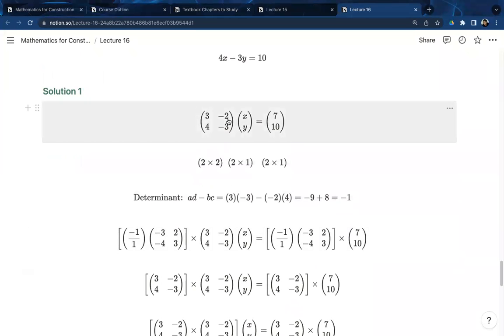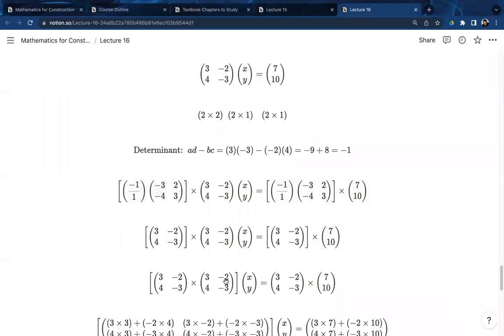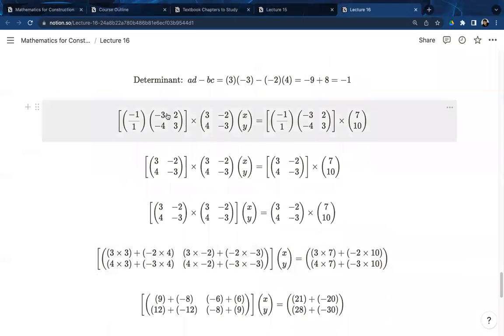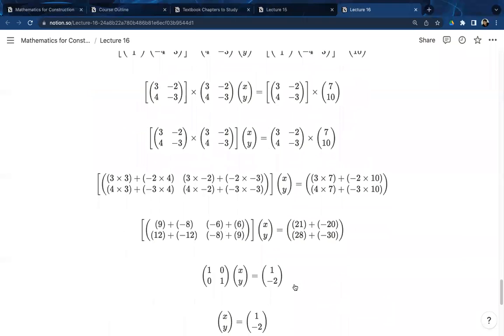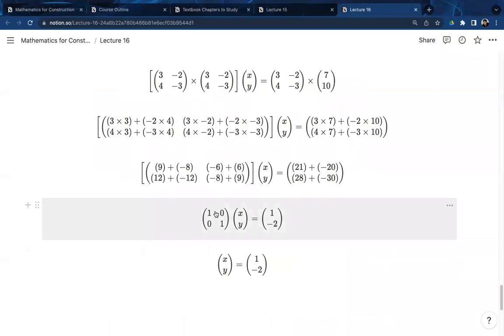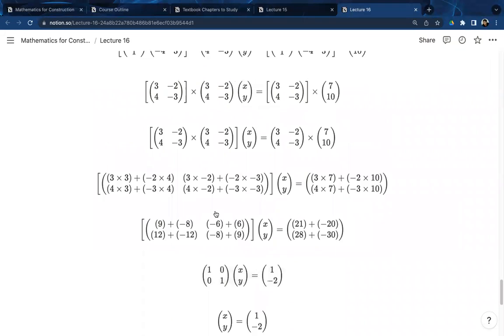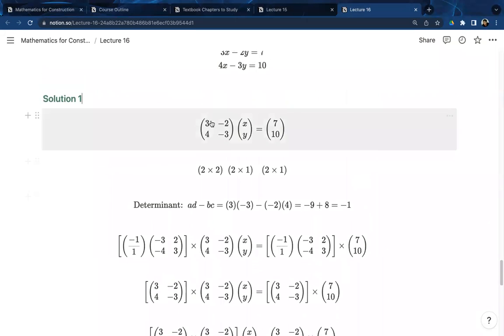This matrix on the left, the 2 by 2 matrix on the left, we want to find the inverse. So the inverse is 1 over the determinant by the shifted matrix. So you see 1 over the determinant by the shifted matrix here, we shift around the elements. And then we just multiply both sides by that. That's what the square brackets show you. And it's just to do the multiplication. You will get the identity here. That's what removes the matrix. You see this matrix was on the left here.